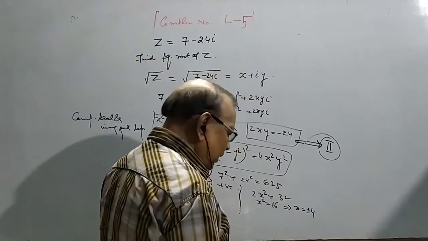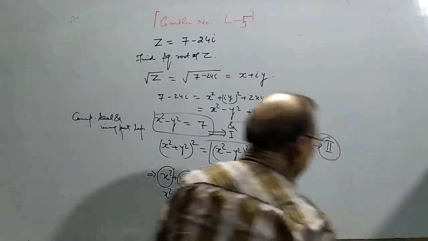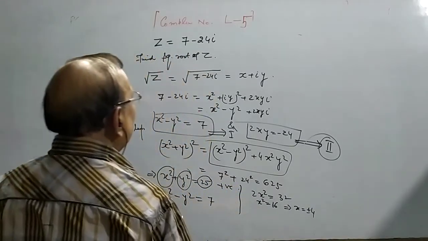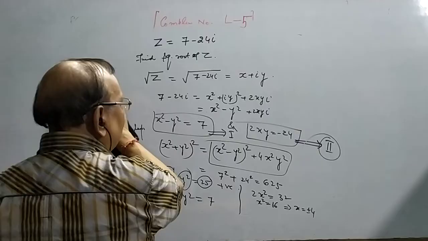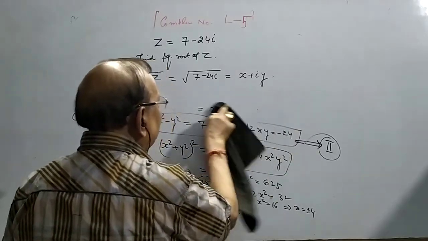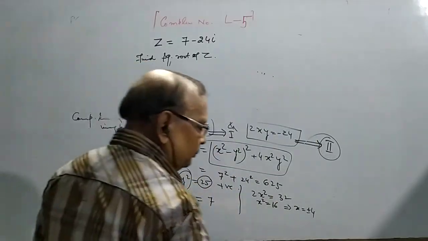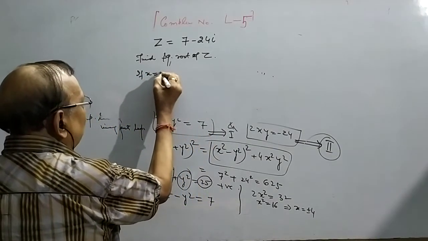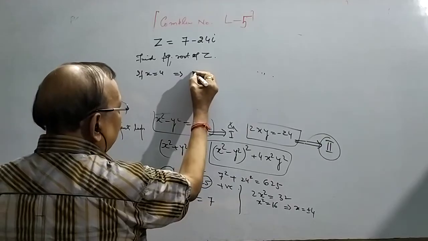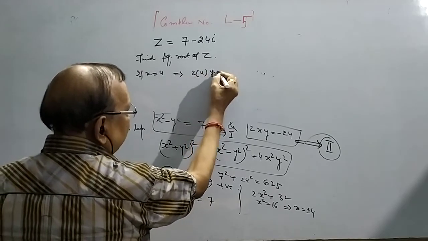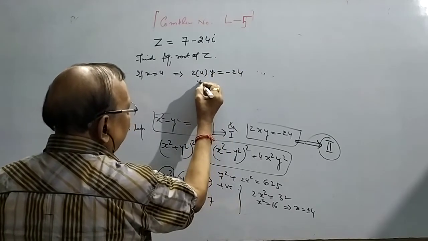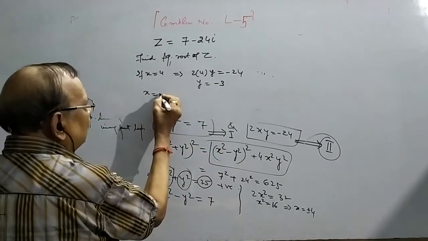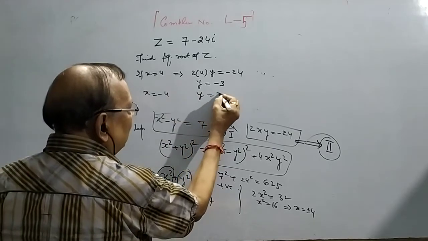What happens when you put x is equal to 4? 2 into 4 into y is equal to minus 24, and we get y is equal to minus 3. Similarly, x is equal to minus 4, y is equal to 3.